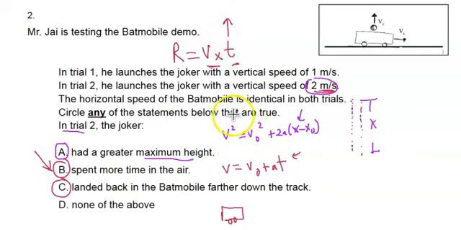That went up. Vx was the same. The Batmobile had the same speed, but if time went up, then the range went up. So C is also true, and I'll erase the diagram and give you a little visual to convince you, because this one tripped me up.